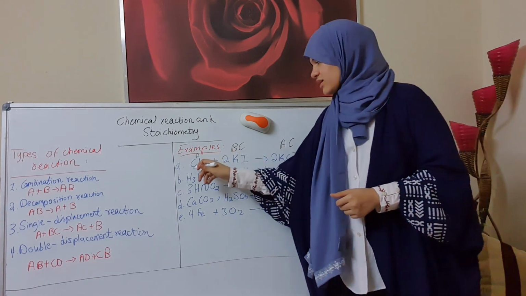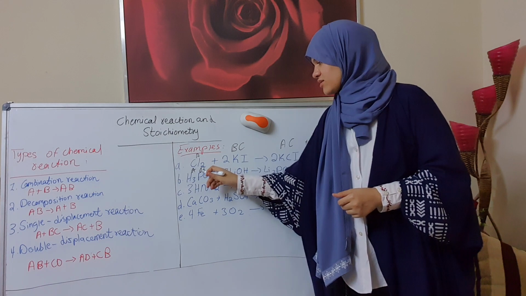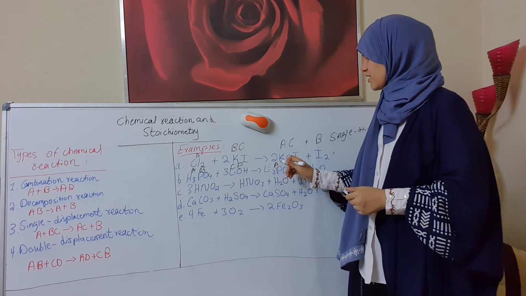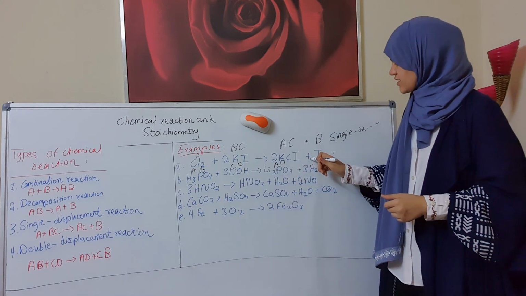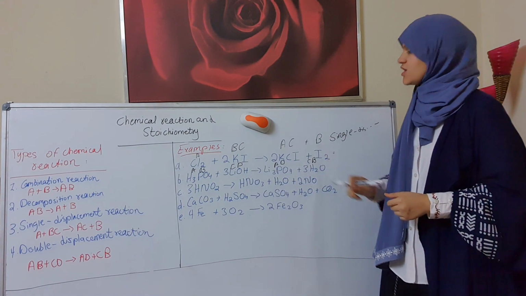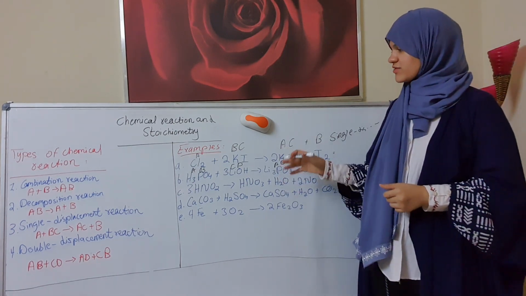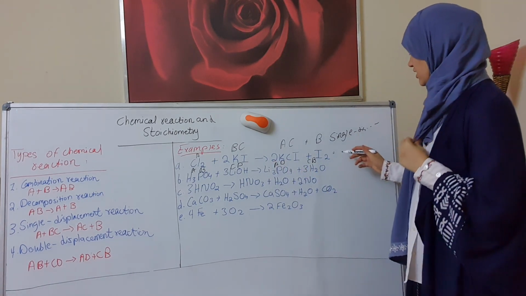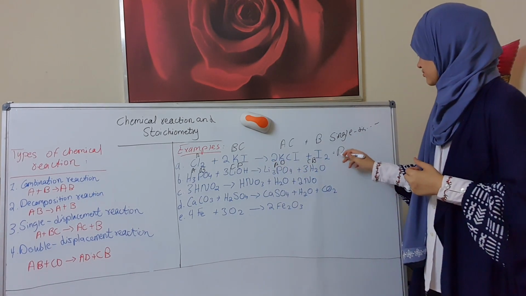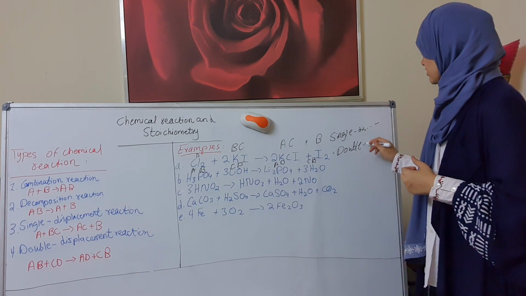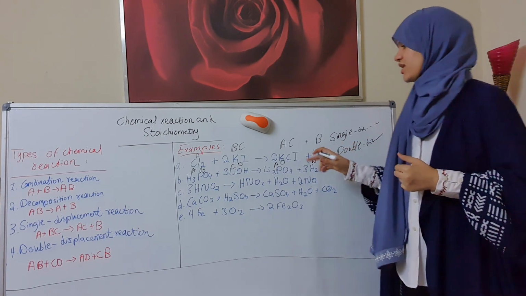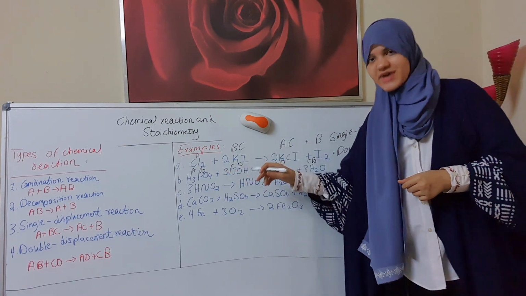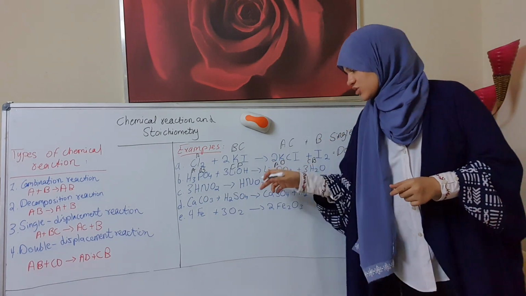Let's do it together: AB plus CD gives AD plus CB. So this reaction is a double displacement reaction.